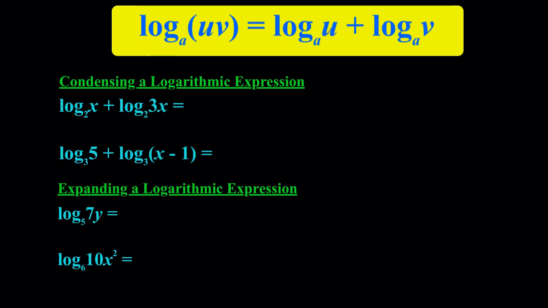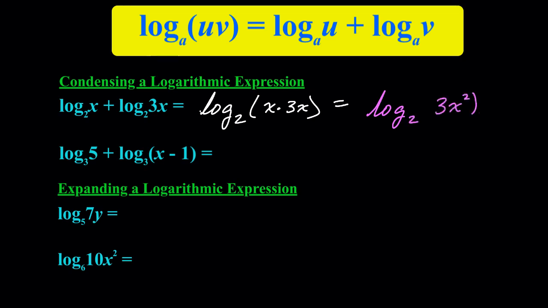So that's going to give us log base 2 of x times 3x, which would give us log base 2 of 3x squared. That is your condensed form of this logarithm.